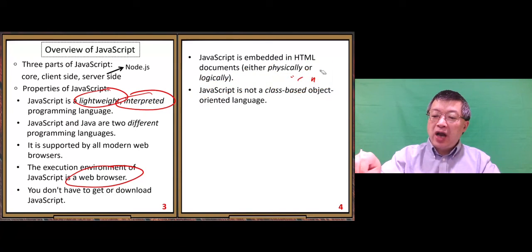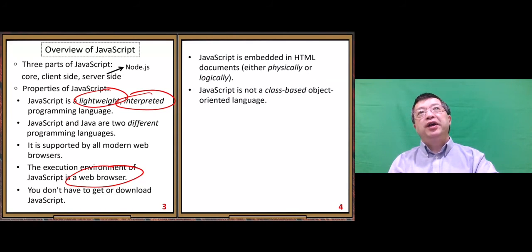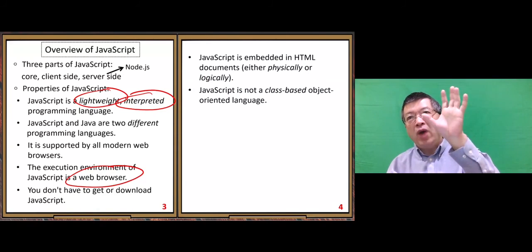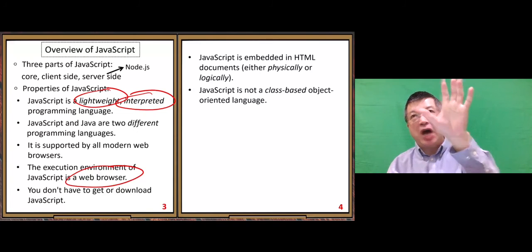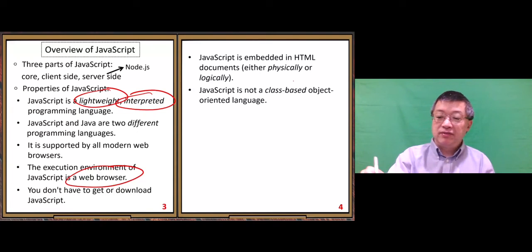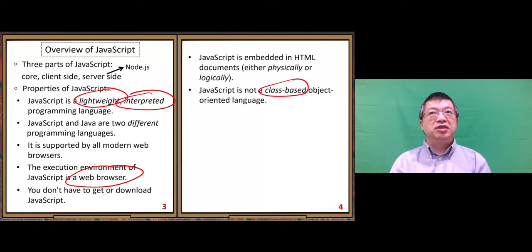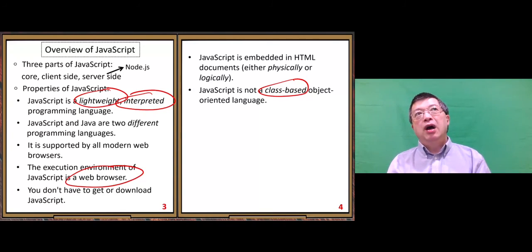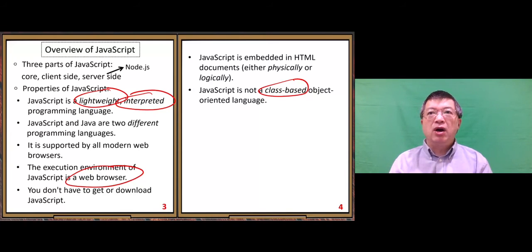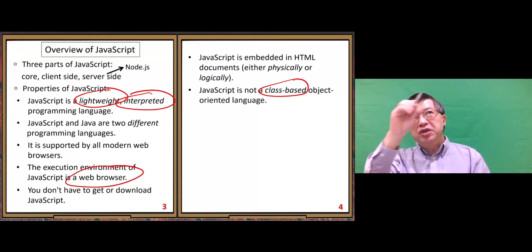JavaScript is not a class-based object-oriented language. If you compare with Java, Java is class-based. So you can define your own classes. But JavaScript is not. Although people also call it an object-oriented language, it just uses the object style.